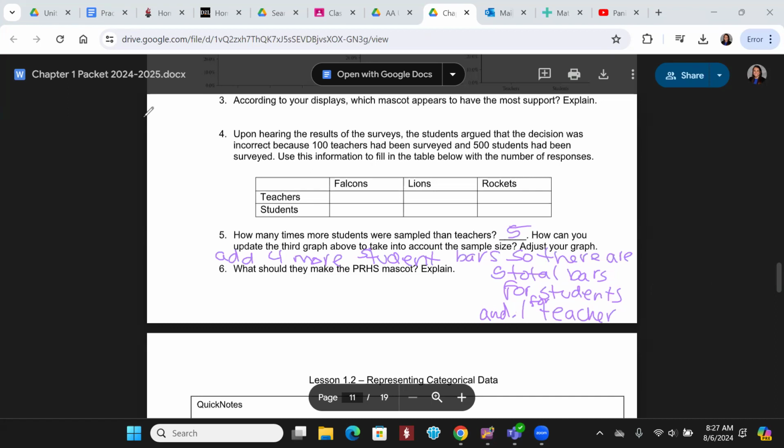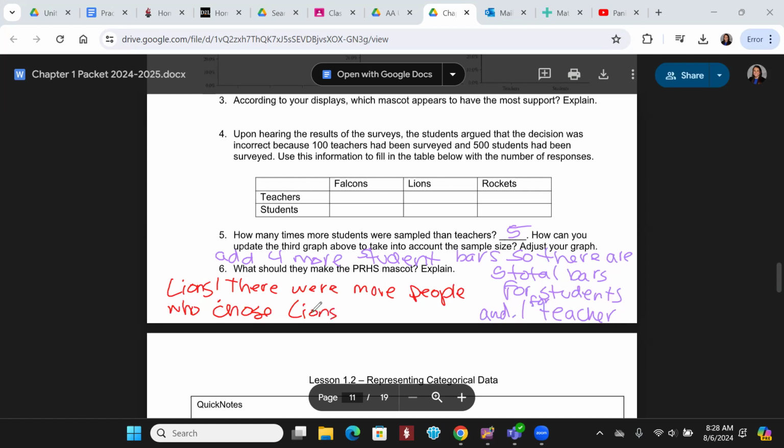Okay, and you already told me that it's not going to be the Falcons that they pick. What should they make Peachtree Ridge High School's mascot? The Lions. Yay. Okay. And the reason why is because there were more people who chose Lions.